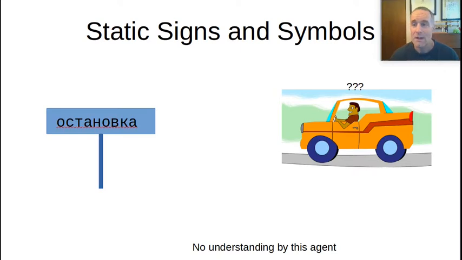If I come to a sign, however, that I don't understand, maybe it's a sign printed in Russian that may, under some circumstances, mean exactly the same thing, but if I don't understand it, it's no good. It doesn't do anything for me, and so I can't take action according to that.